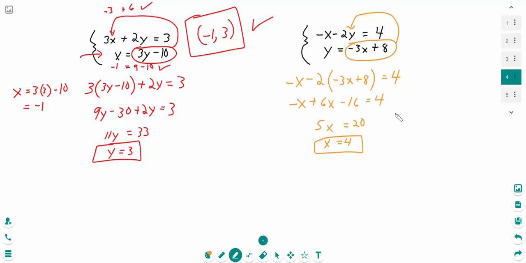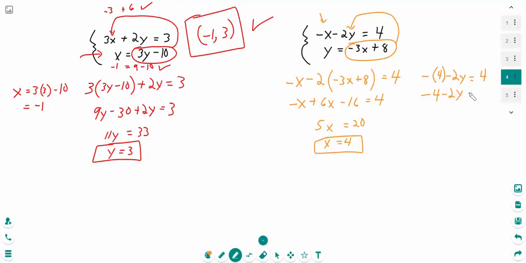Okay? And then moving on, looking at the y, let's do it differently, and we'll take the top equation this time. So plugging in the x for the top equation, we're going to have a negative 4 minus 2y is equal to a 4.